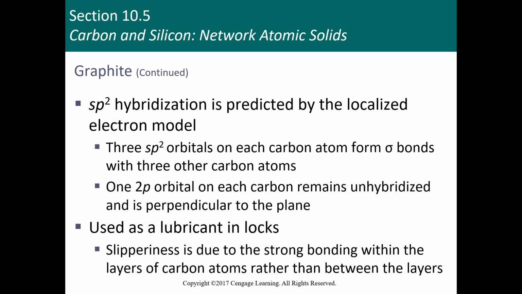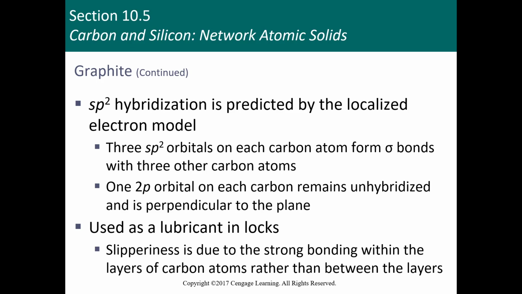This is actually quite often used as a lubricant in dry situations where you don't want to have grease. And so it's used a lot as a lubricant in locks, in electric motors, that sort of thing. A lot of the drones have graphite lubrication, or your fans in your computers.